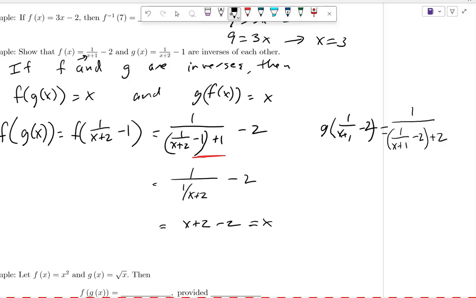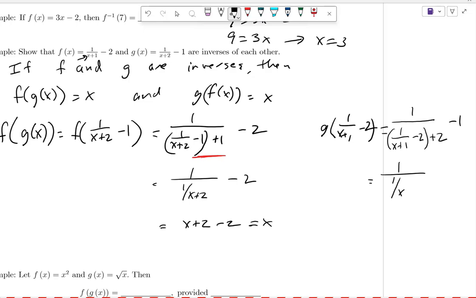So the 1 over the f of x goes in for the x, in for g, right? So we're going to take out this x and put in this expression. So we have 1 over x plus 1 minus 2, and then a plus 2 on the end. What happens with the 2's? They cancel out.